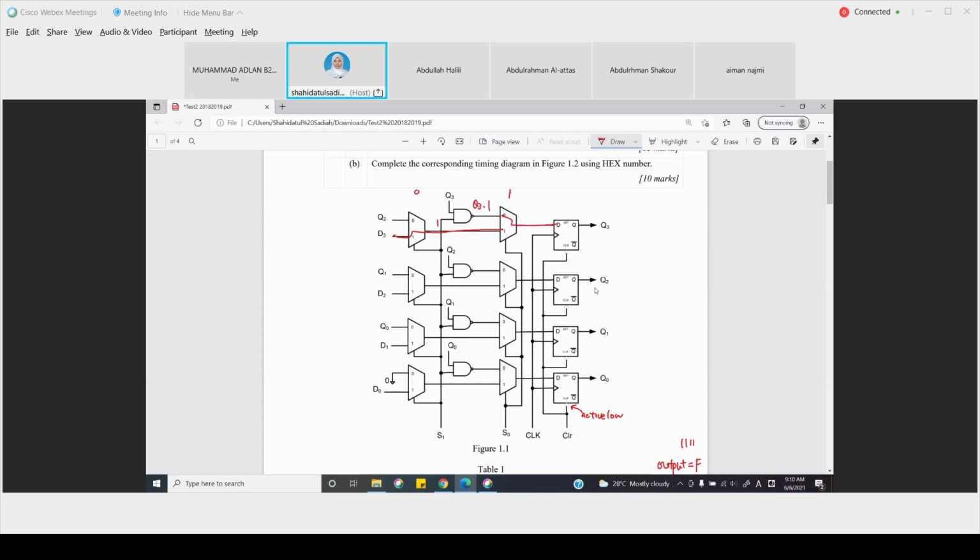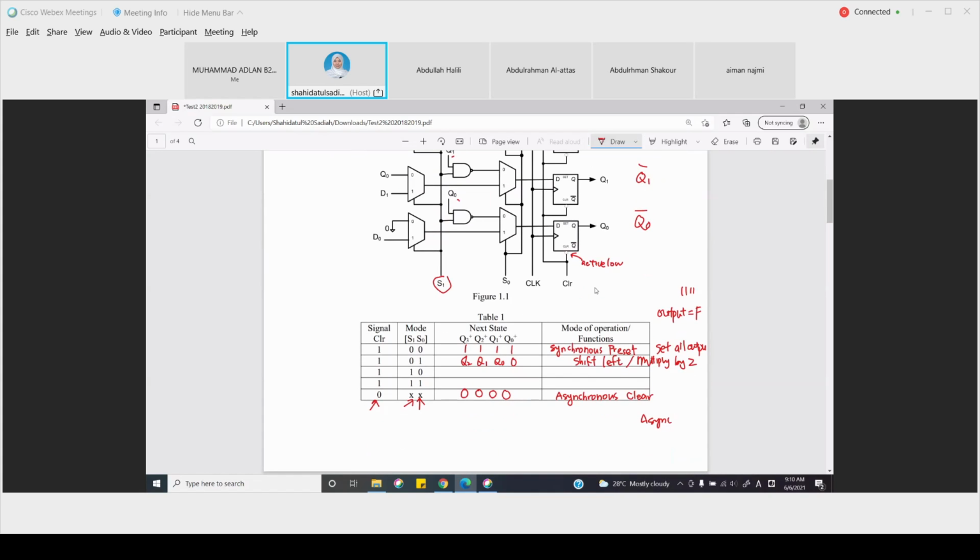This is 1 here because it's S1. Q3 and 1 is Q3, so it's just Q3 bar. The pattern here is Q2 bar, Q1 bar, and also Q0 bar.